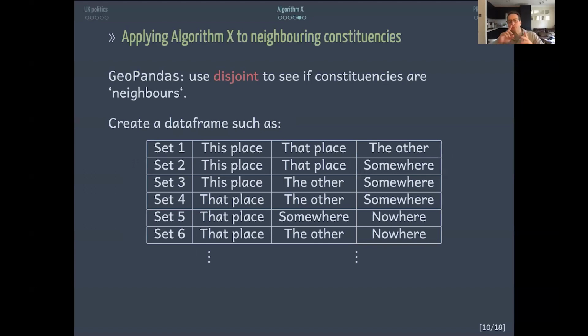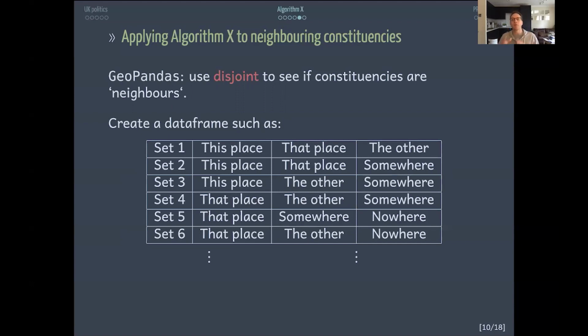So once I knew that this was how it worked, I decided, okay, I've got a potential solution here. Given that we've got to merge neighbouring constituencies together, I know they're going to appear once and only once. Can I then use Algorithm X to merge them together? The first thing I did was use the disjoint command in GeoPandas to see if constituencies were neighbours.